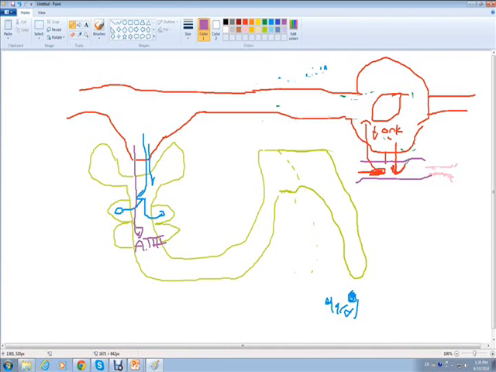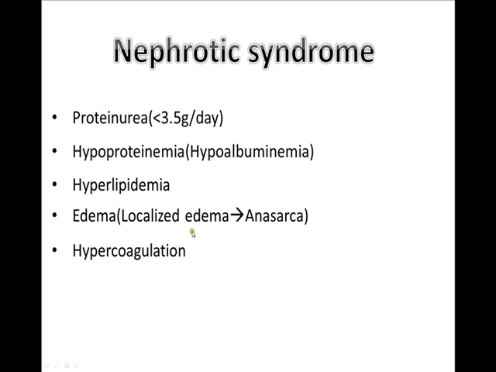Antithrombin 3 is an anticoagulant protein, and if we lose an anticoagulant protein, it means we are in a hypercoagulable state. So those patients tend to suffer from hypercoagulation and a tendency of thrombus formation.